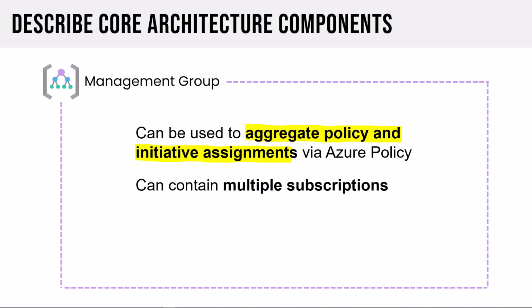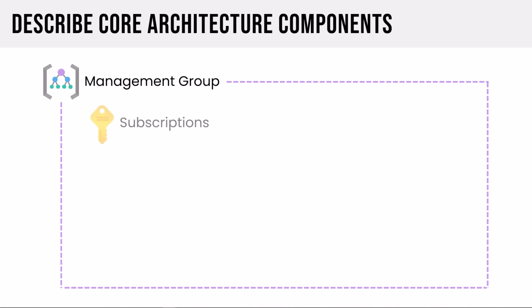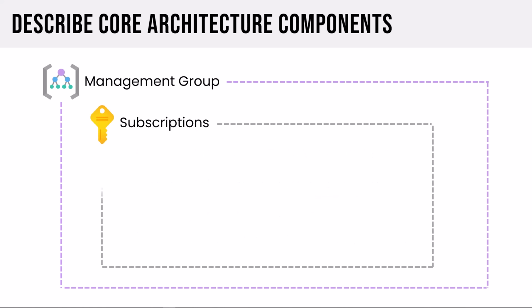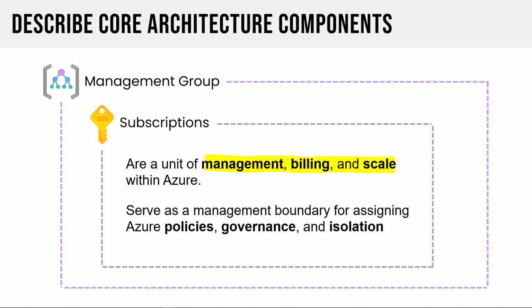The management group can contain multiple subscriptions, and in fact, all new subscriptions are added to a special root management group by default. Next, we have the subscription. And a subscription is a unit of management, billing, and scale within Azure. It serves as a management boundary for assigning policies, for governance, and potentially for isolation. Any of these based on our requirements.